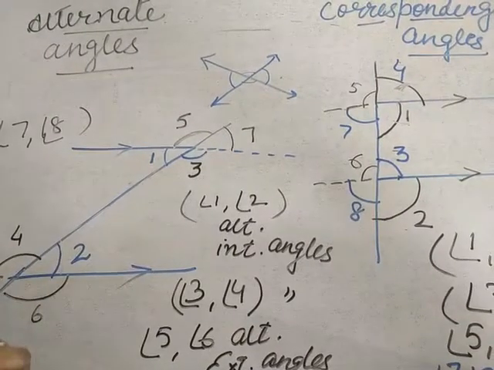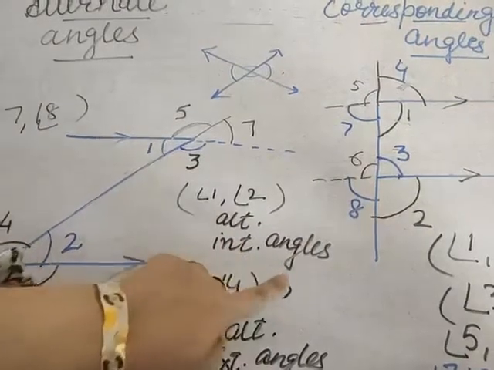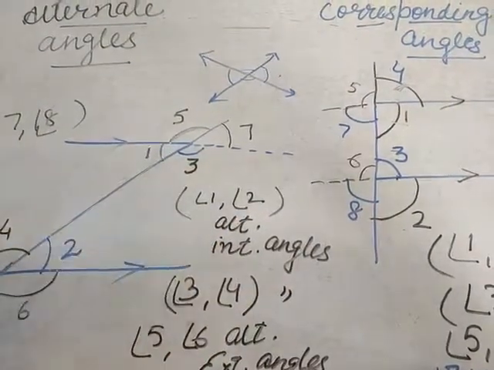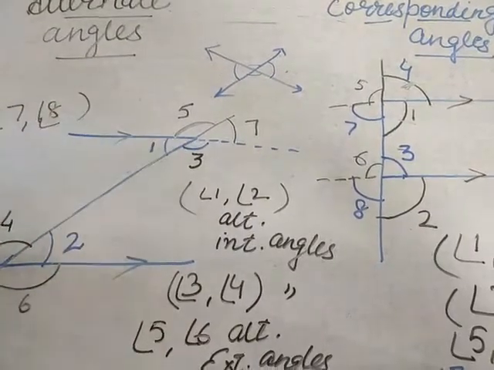What is the meaning of this? As I have written, 1 and 2 are alternate interior angles. So angle 1 would be equal to angle 2. These two angles would be equal if these lines are parallel.